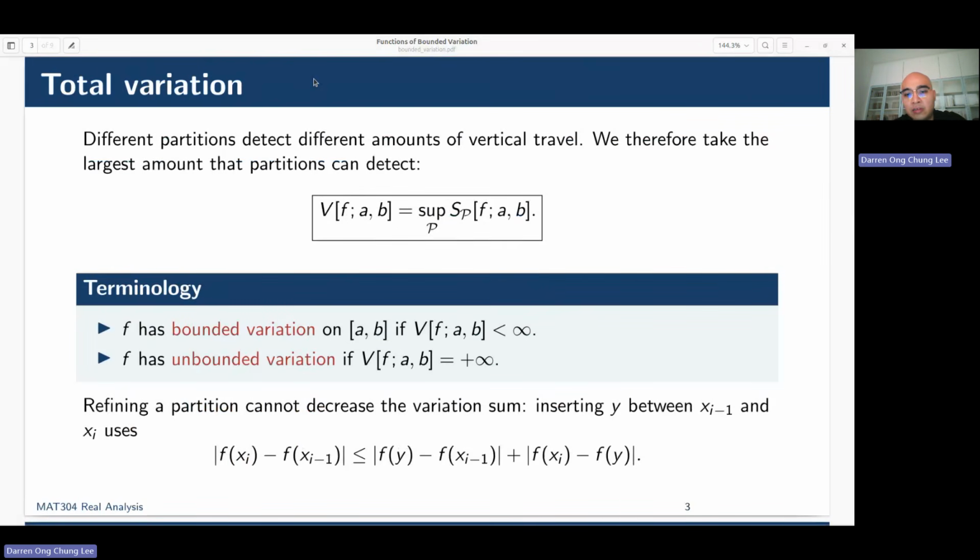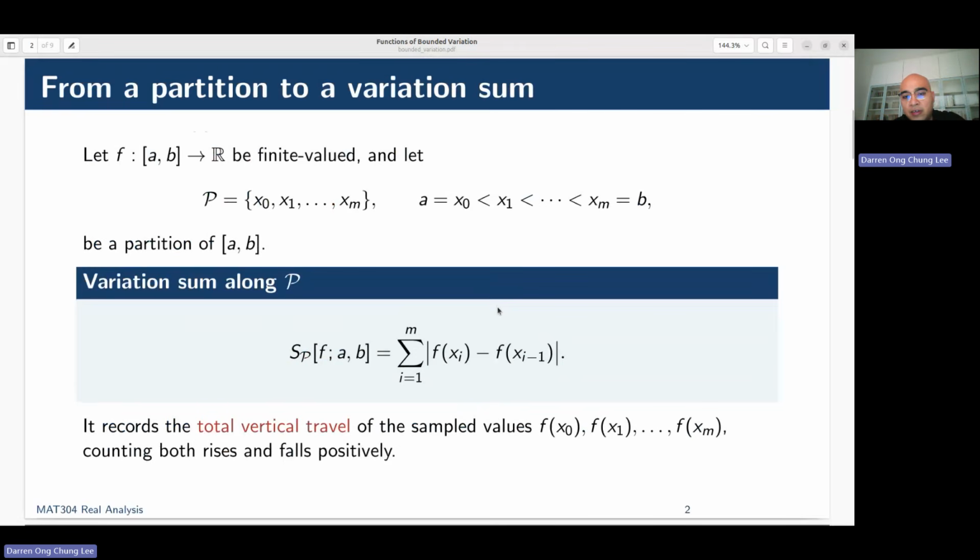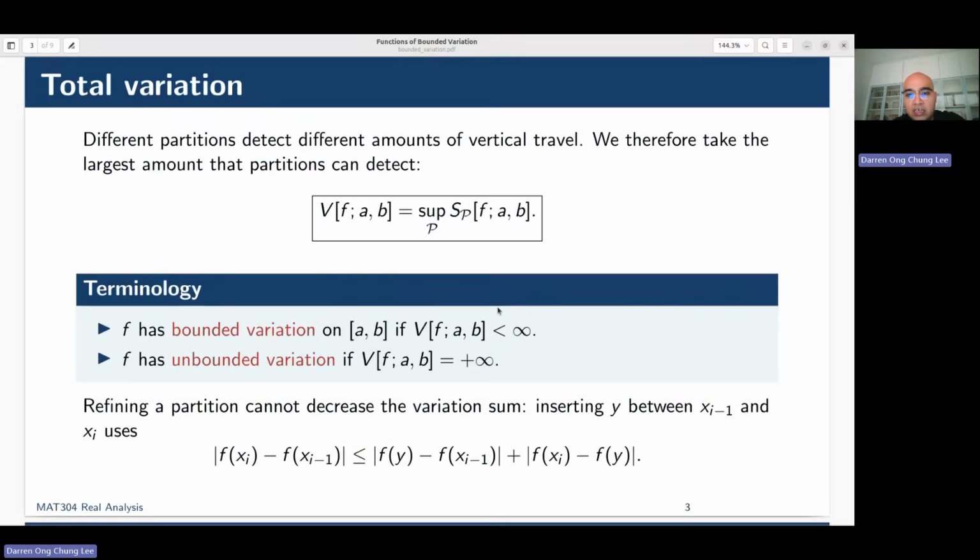If you add a new point y in the middle, by the triangle inequality, |f(xi) − f(xi−1)| has to be at most |f(y) − f(xi−1)| + |f(xi) − f(y)|. This is just an application of the triangle inequality. So this means that your variation sum, if you add an extra point into your partition, cannot decrease. It can only increase or stay the same.